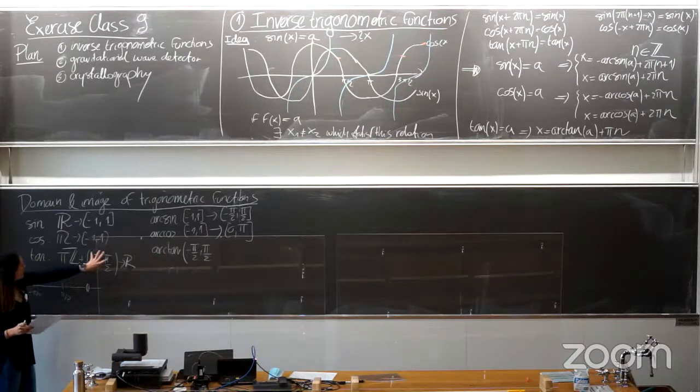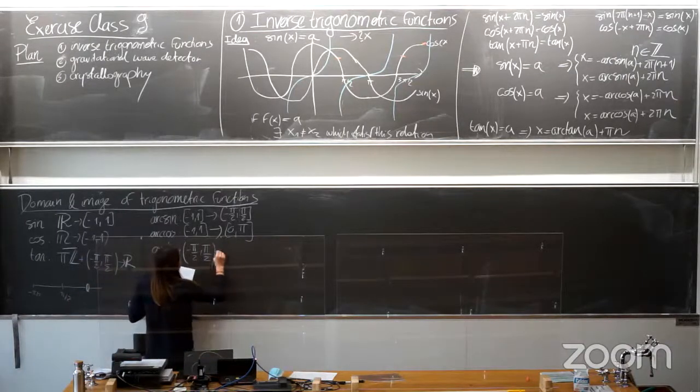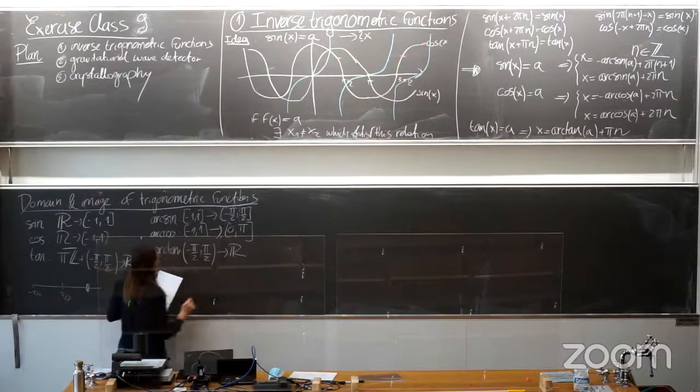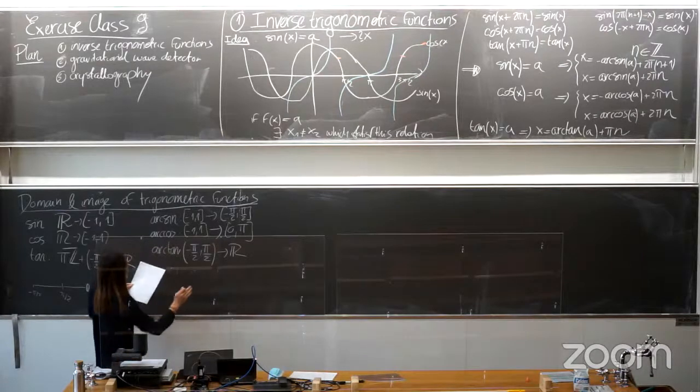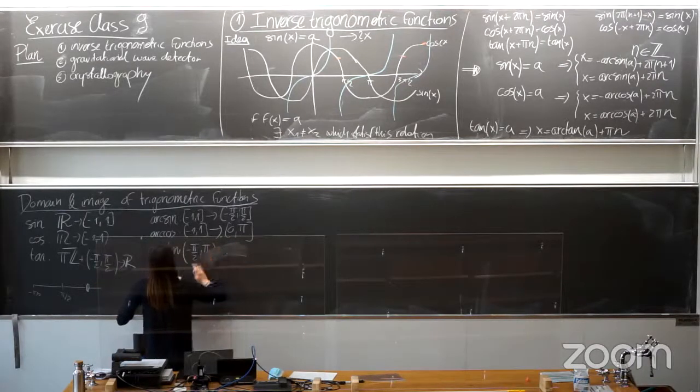So these, and then it maps to R. No, sorry, this is exactly the R to -π/2, yeah.